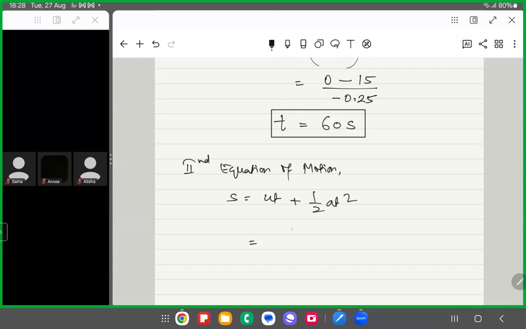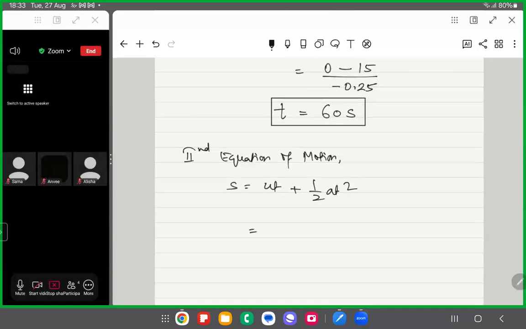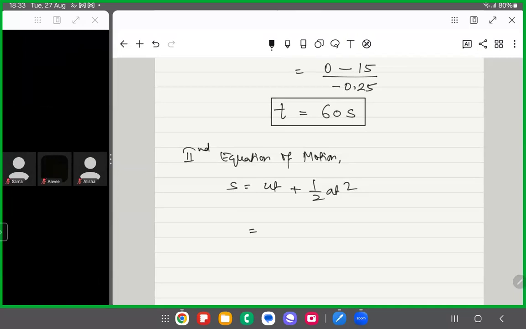So now put the values. What is the initial velocity? As we know, second equation of motion, s is equal to ut plus half at square, right? Initial velocity is 15 meter per second.